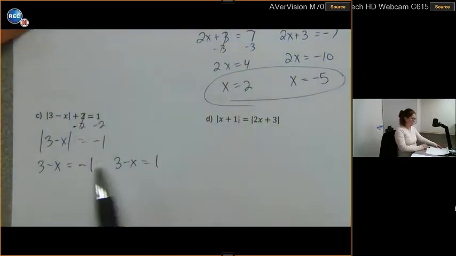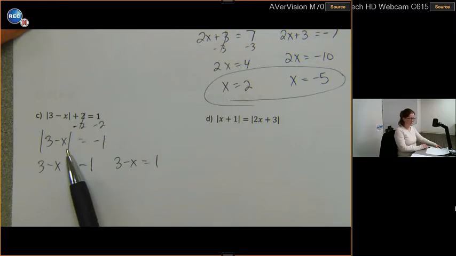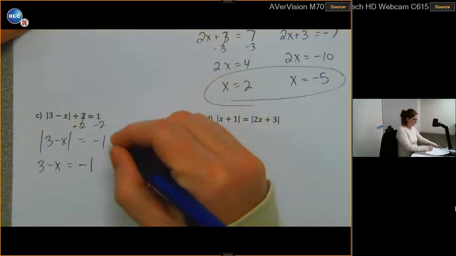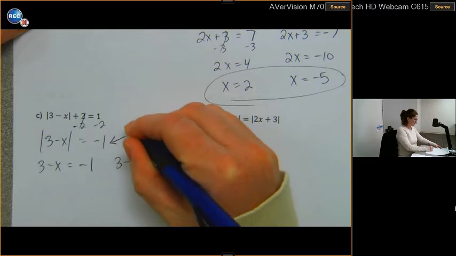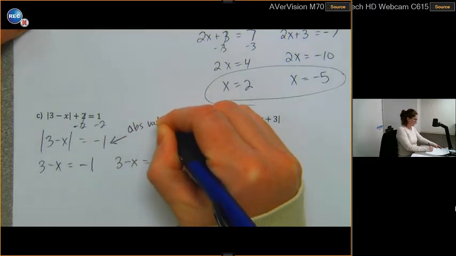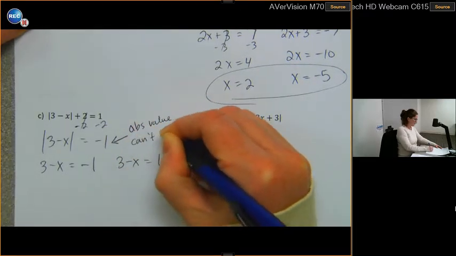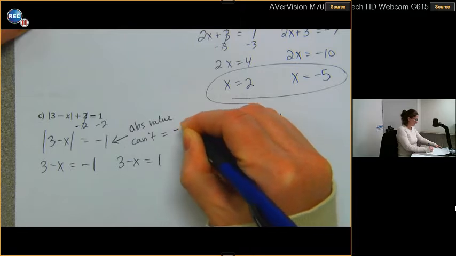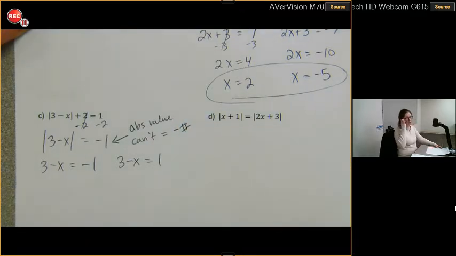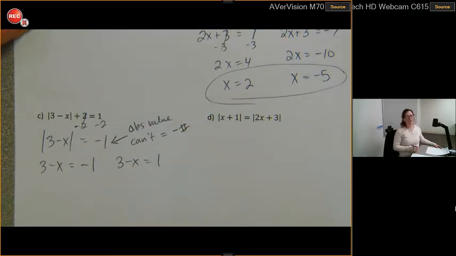So I actually cannot have the absolute value equal to a negative number. Absolute value cannot equal a negative number.